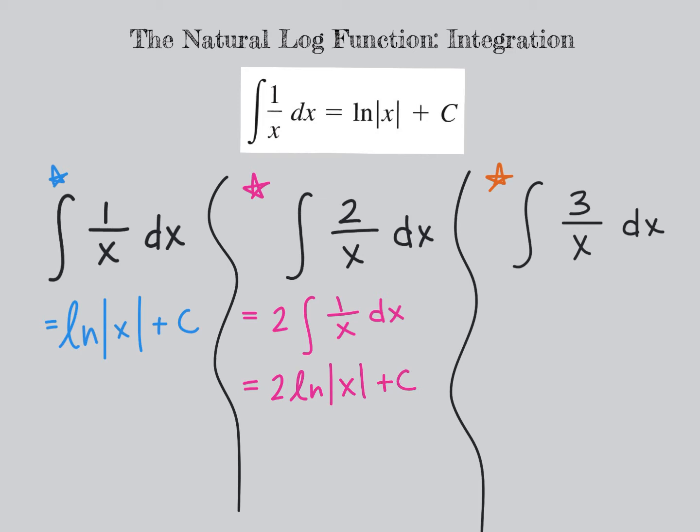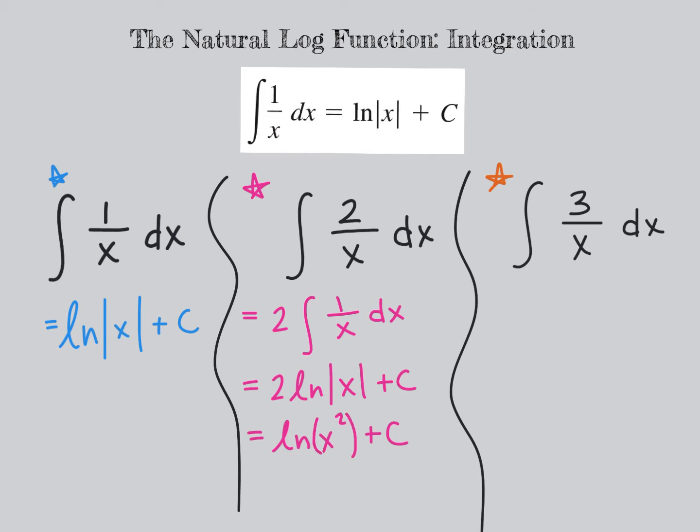Then, using the properties of logs that we explored more in depth in the previous video, we can actually bring that 2 to the exponent of the x. Now, if you think about this, we're going to end up having the natural log of x squared, and then still plus c. We no longer need to have these absolute value bars here around the x squared because no matter what x is, x squared is always positive. So instead, we can just change those to parentheses.